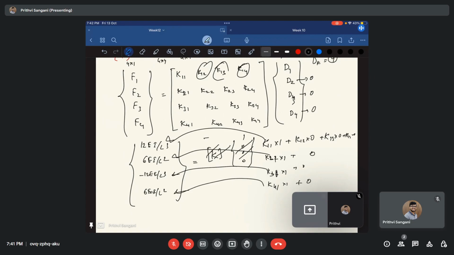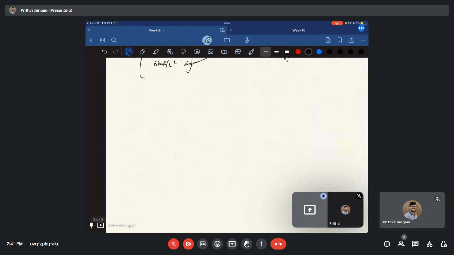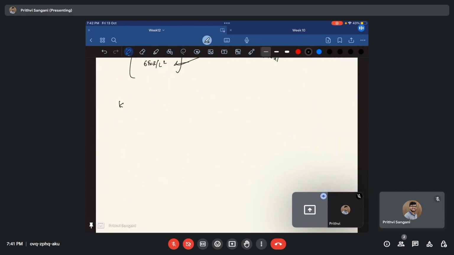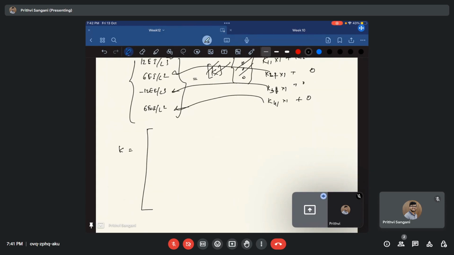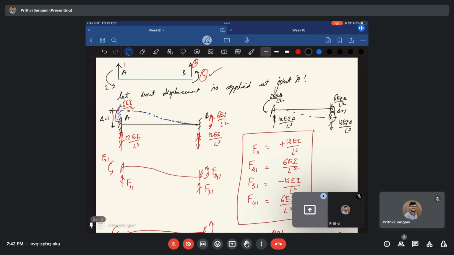So if we write this in terms of a matrix, the K matrix, the stiffness matrix, can be written with the first column as 12 EI by L cube, 6 EI by L square, minus 12 EI by L cube and 6 EI by L square. That is what we have obtained. And K21, K22, K23 we have already found out here, right?